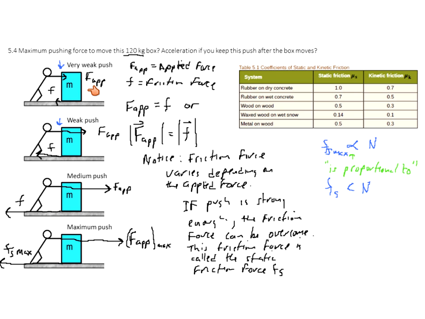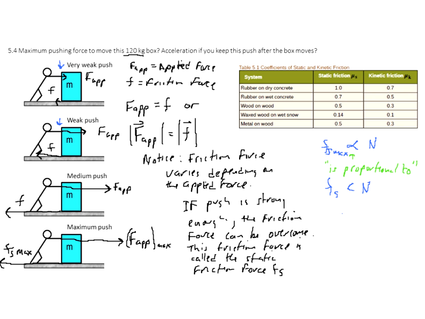So the normal force is the same here, and here, and here, and here. What changed was the frictional force, and that changed because the applied force changed. So notice the frictional force is getting bigger in each of these cases because the applied force is getting bigger. So that's another observation.